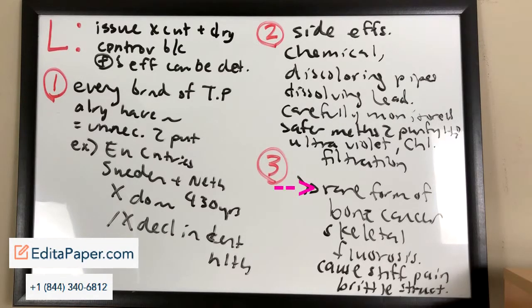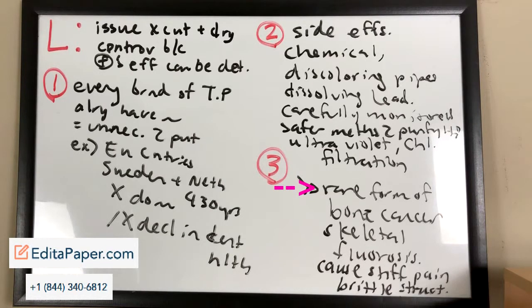Now, the last thing the professor said is that drinking too much water with fluoride can lead to a rare form of bone cancer that young boys usually get. So that's information that you should be writing down right after the lecture is done. Right after you're done taking notes, because if you wait too long, that short-term memory is gonna decay.